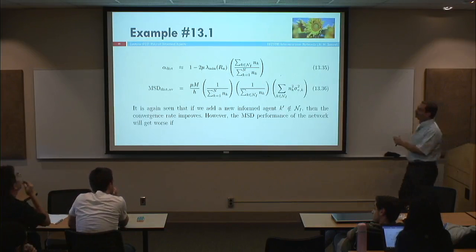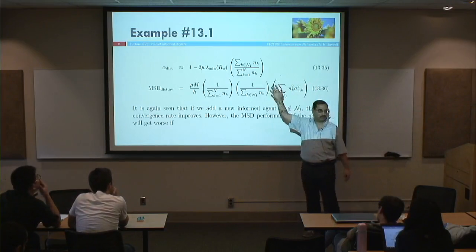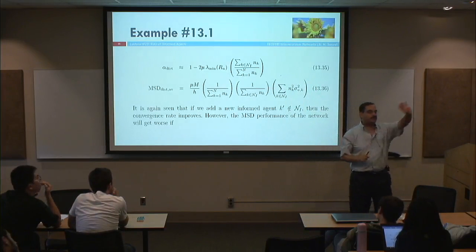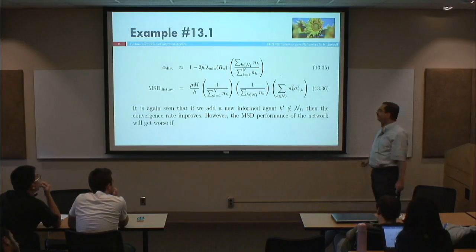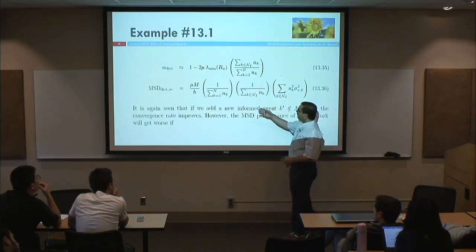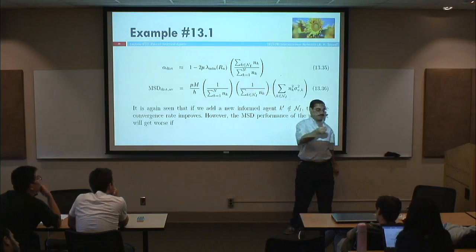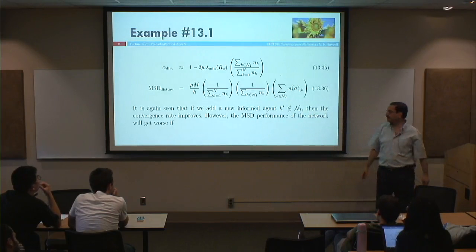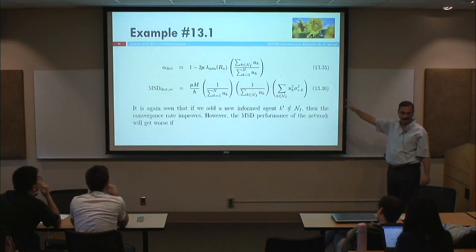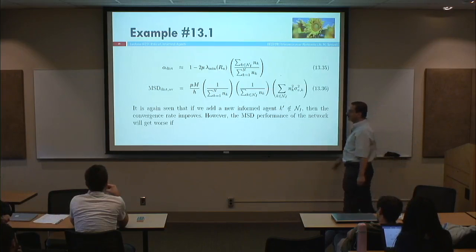For the alpha I don't need to do calculations because we already saw in the general case what the pattern is. I just wrote down what the MSD is by replacing the expression for the P's. You believe me that this is what you get.